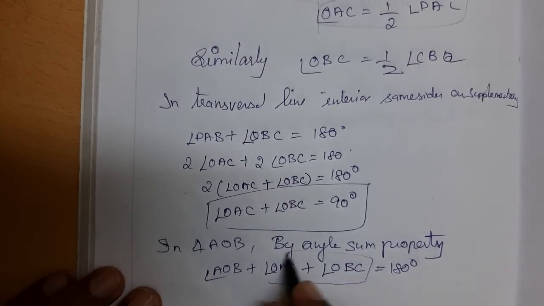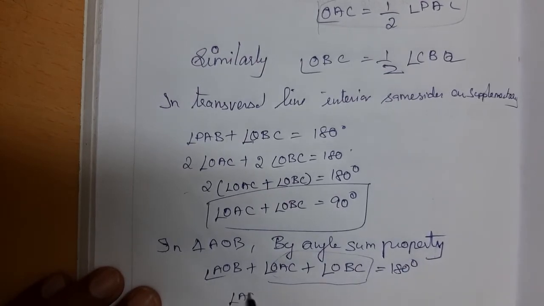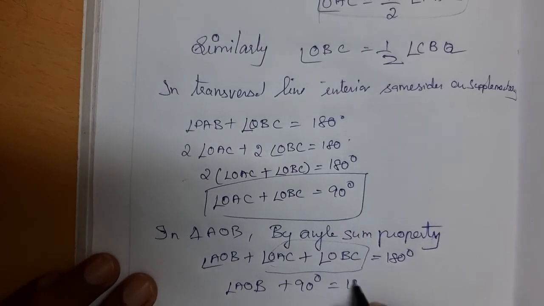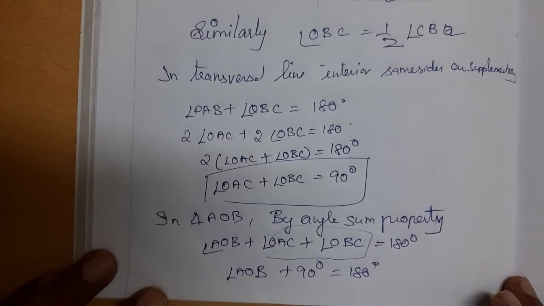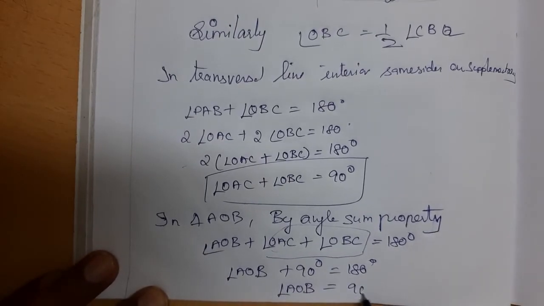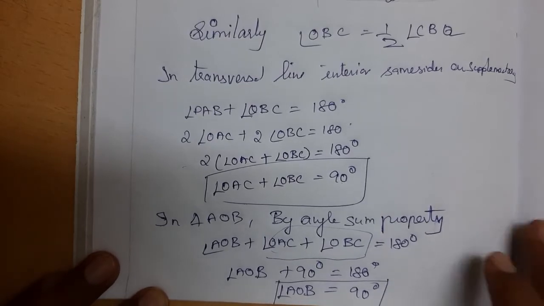And we know that OAC plus OBC is 90 degrees. So angle AOB plus 90 degrees is equal to 180 degrees. If you take this side, it will be subtracted, so angle AOB is equal to 90 degrees, which is what we have to prove, right?